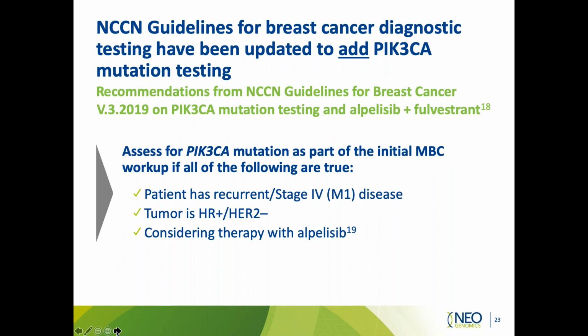NCCN guidelines for breast cancer diagnostic testing have been updated to recently add PIK3CA mutation testing, which occurred about 6 months ago, and here are the recommendations. So to assess for PIK3CA mutation as part of the initial metastatic breast cancer workup, if all the following is true: the patient has recurrent or metastatic breast cancer, the tumor is hormone receptor positive, and remember that's either ER or PR, and HER2 negative.